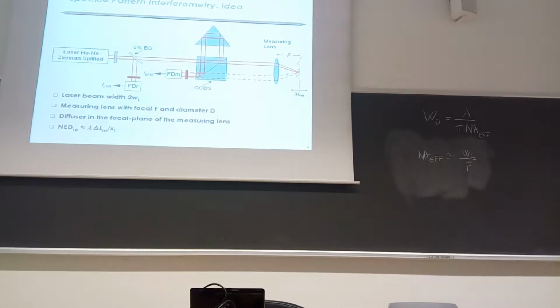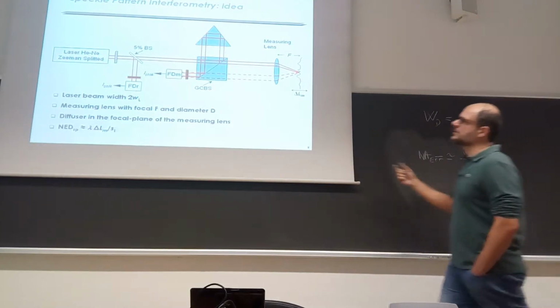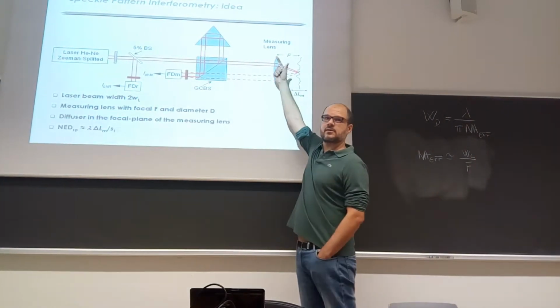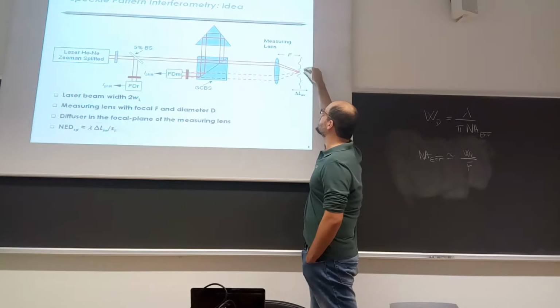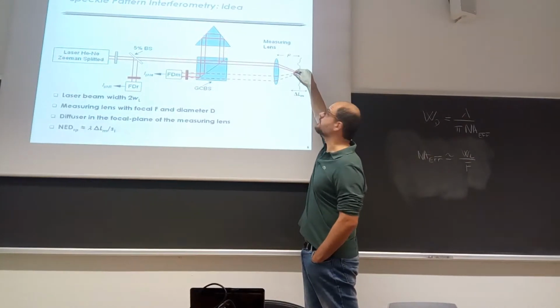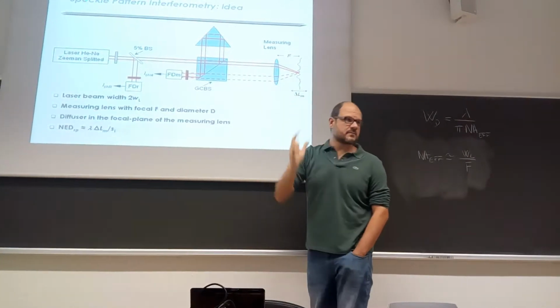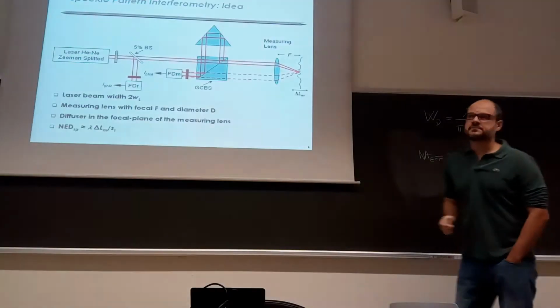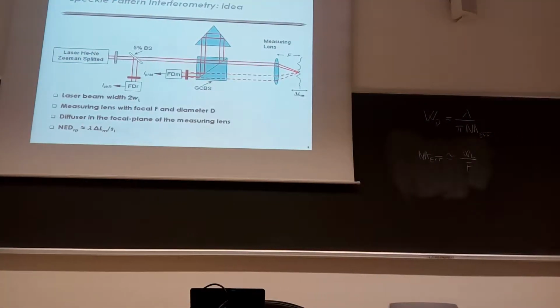So always remember this, if you have a particular lens with a particular numerical aperture, if you want the shorter spot, you have to use all the lens. This is the idea. Okay, this is the first thing.